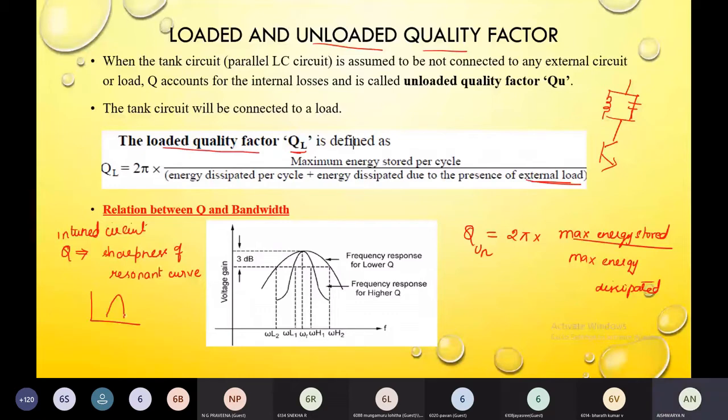So can anyone say how quality factor and bandwidth can be related? The sharper the curve I get, the better the quality factor. But I should have a narrow bandwidth, only then will my quality factor increase. So what will be the relation between quality factor and bandwidth?